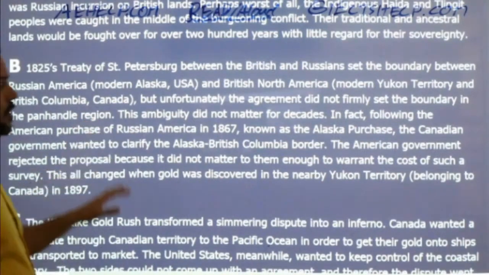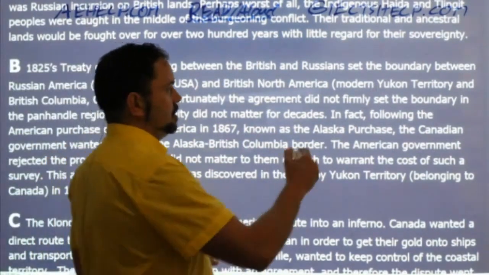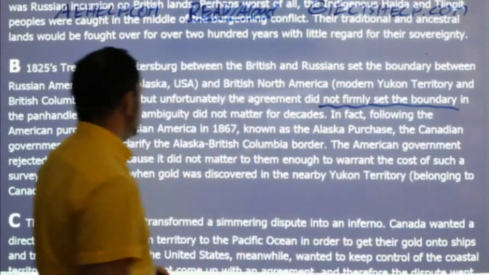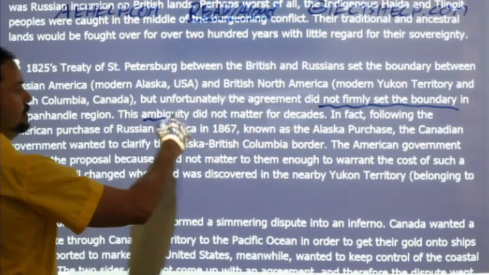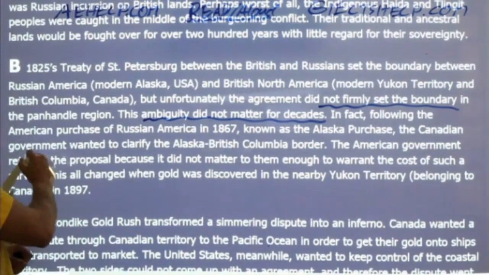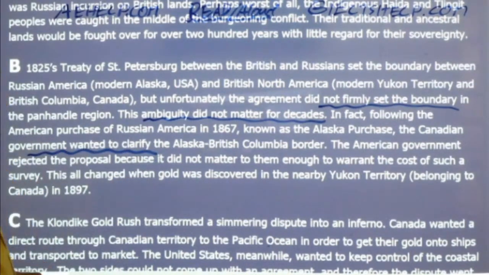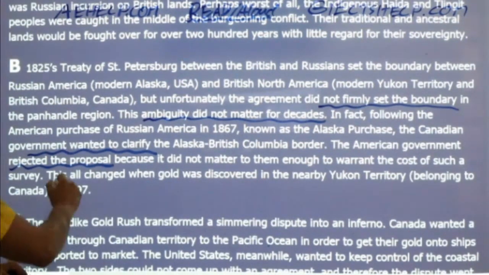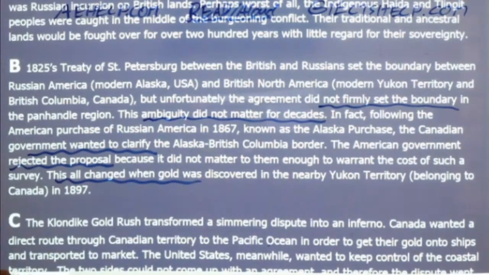Okay, so look at this repetition here. Not firmly set the boundary. Okay, ambiguity didn't matter for decades. Canadian government wanted to clarify. The American government rejected the proposal. This changed when gold was discovered.